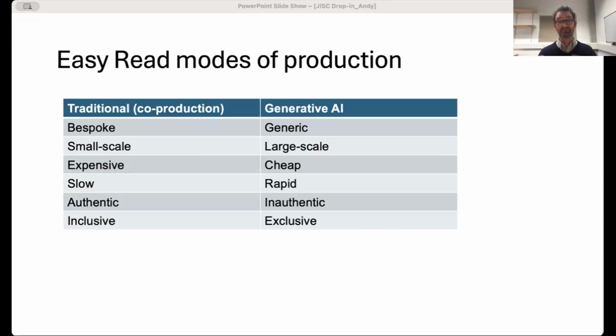It is really important that the people who are helping us with this are paid to do this. So compare that with these emergent AI-generated methods, which are obviously rapid and highly scalable, but can be seen as more exclusive, at the risk of producing more generic and inauthentic content.